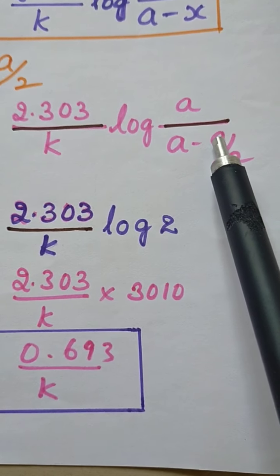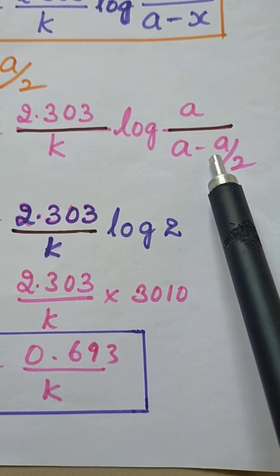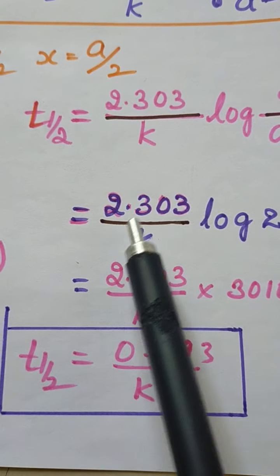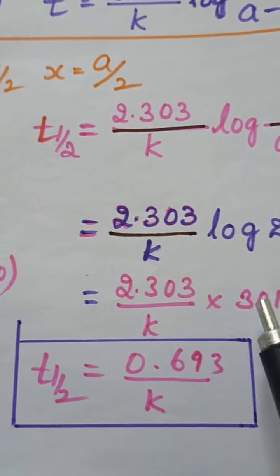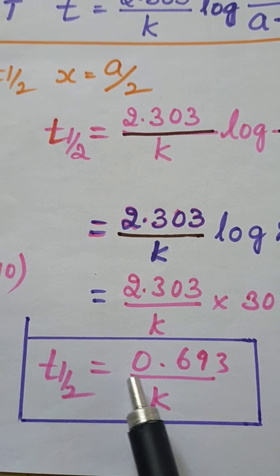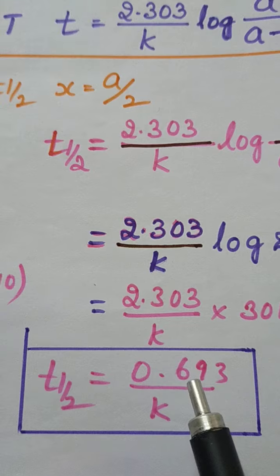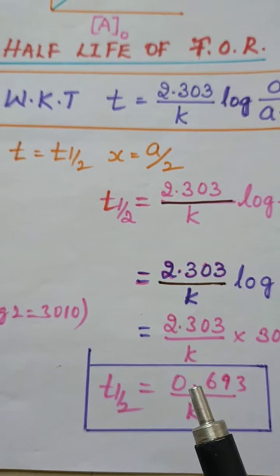The log 2 value is 0.3010. So t half is equal to 2.303 by k into 0.3010, and the final answer is 0.693 divided by k. This is the final equation for the half-life of first order reaction.